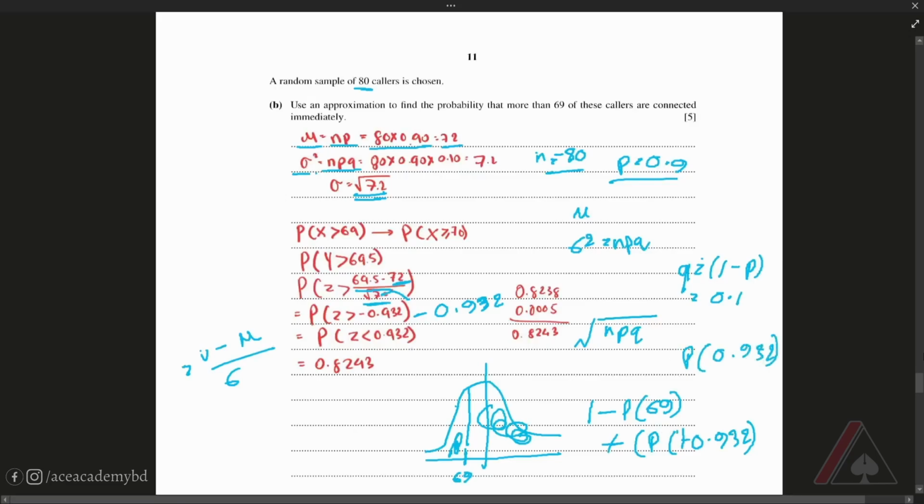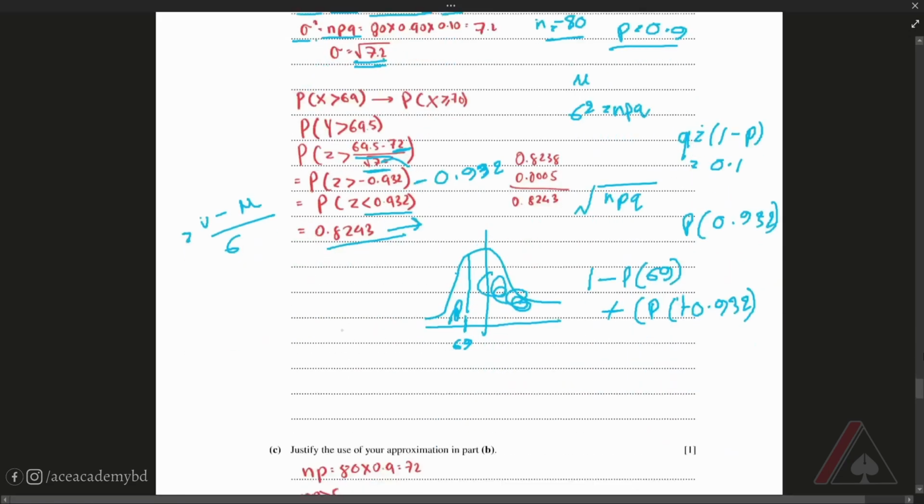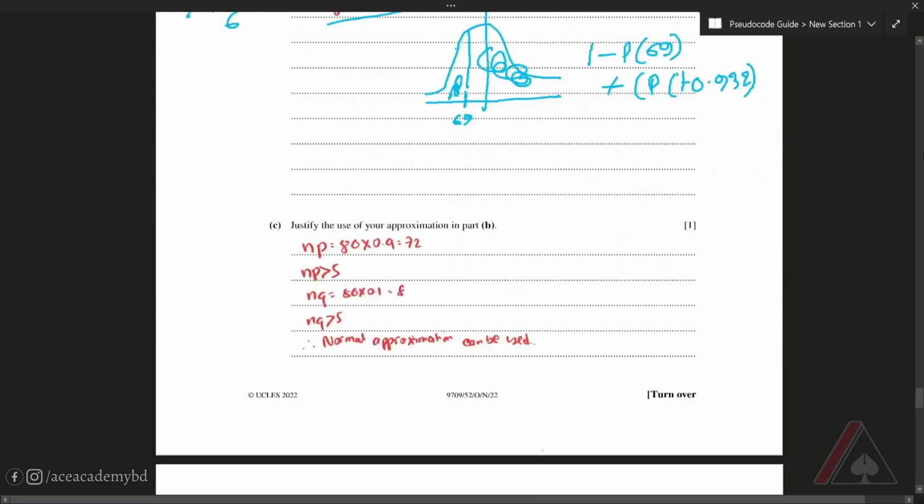So we go to the statistical table, find the value corresponding to 0.932, and we get 0.8243, which is our answer and our probability for 69 or more callers being connected successfully. So the next question we're going to be looking at is 6C.